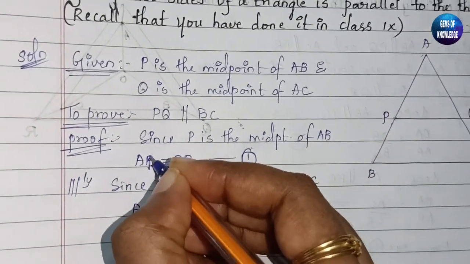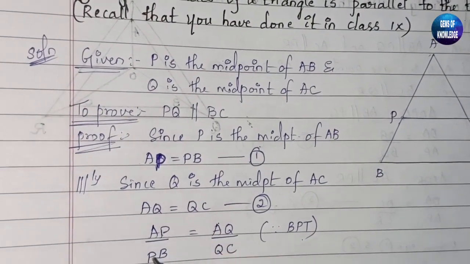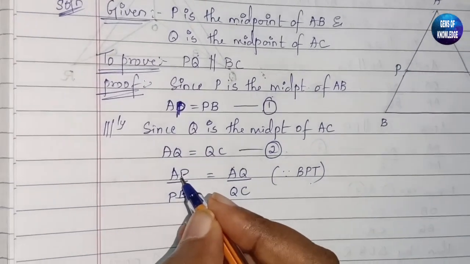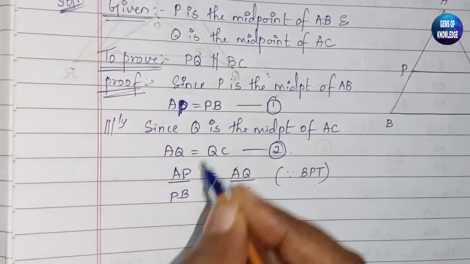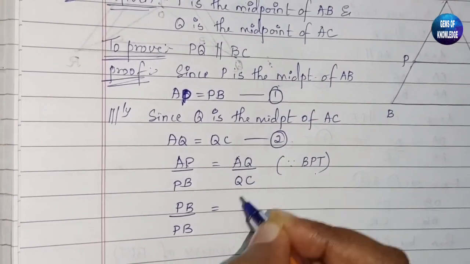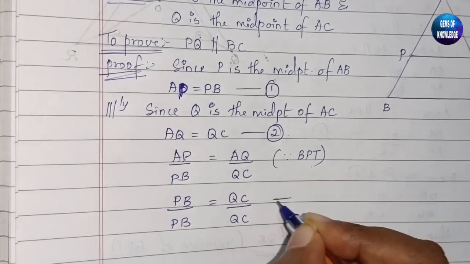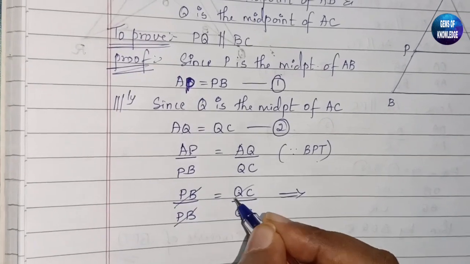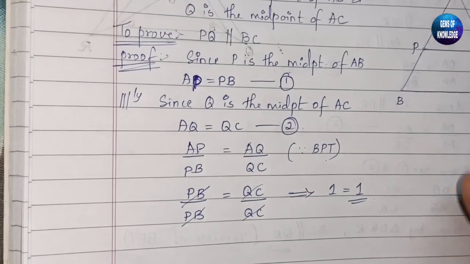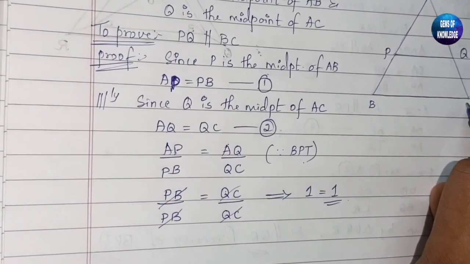So AP by PB is equal to AQ by QC. Now in place of AP I can write PB, so PB divided by PB is equal to, in place of AQ I can write QC, so QC divided by QC. This and this cancel, so we are getting 1 equals to 1, which shows that according to BPT, it is correct.